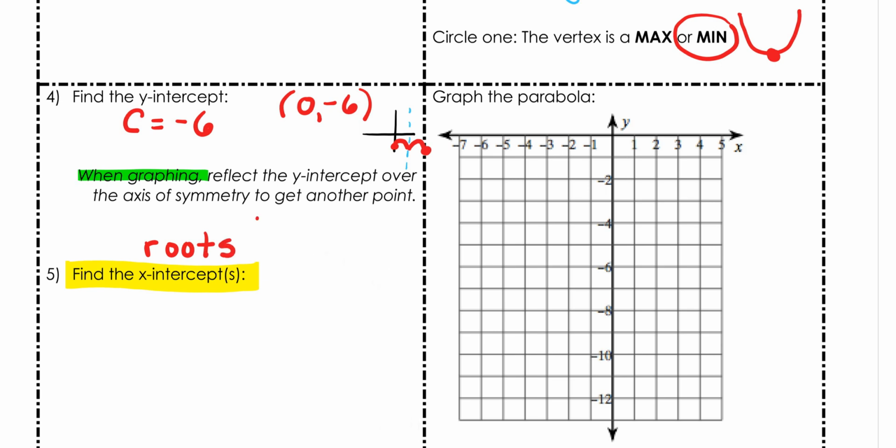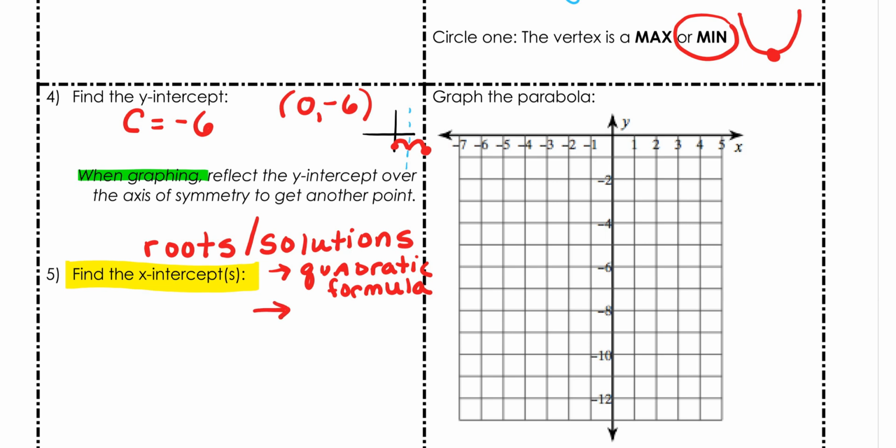They're also known as the solutions to the parabola. Okay? So you have two options on how you can find those x-intercepts. You're either going to use the quadratic formula, or you could factor.